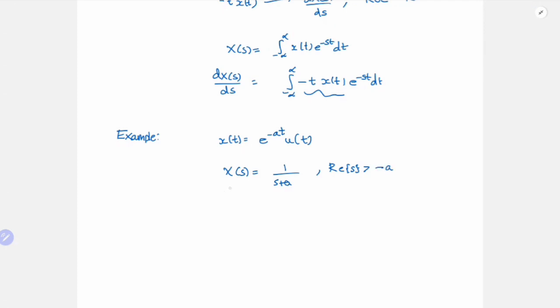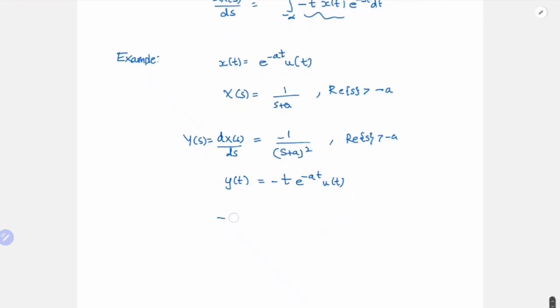Now if I take the derivative, dX(s)/ds, let's call it Y(s), then what will I have? I'll have minus 1/(s+a) whole square, and my real of s is still greater than minus a. And what will be my corresponding y(t)? It will be minus t e^(-at) u(t).